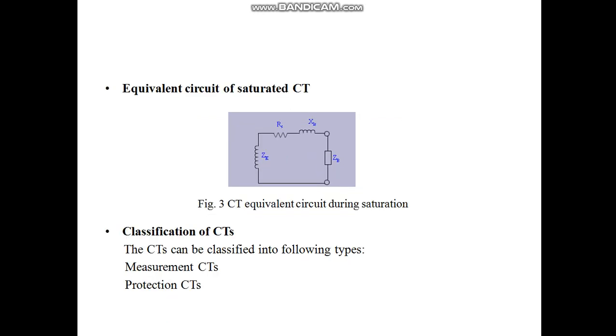Moreover, one of the major problems faced by the protection system engineer is the saturation of CT on large alternating current and DC offset current present during the transient. So it is very important to read about the offset current and the saturation of the current transformer.